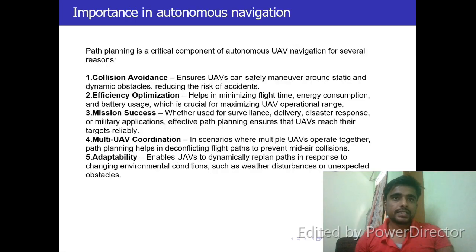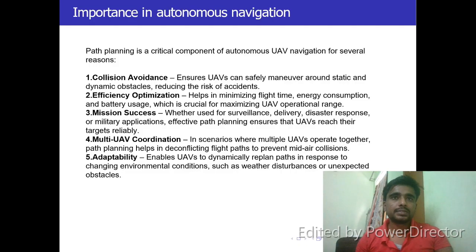Path planning is very important for autonomous UAVs for various reasons. First is avoiding collisions. It helps the UAV move safely without hitting obstacles, whether they are moving or stationary. Second is saving time and energy. It finds the best route to reduce flight time, save battery, and improve efficiency. Third is mission success.